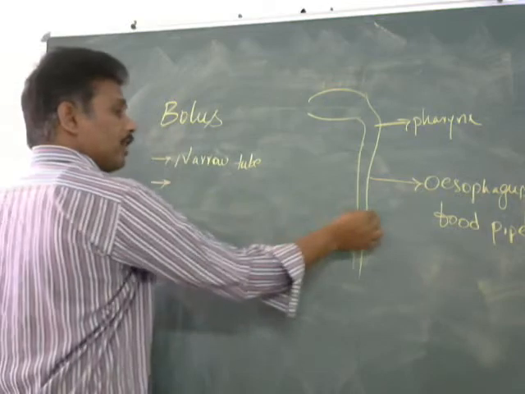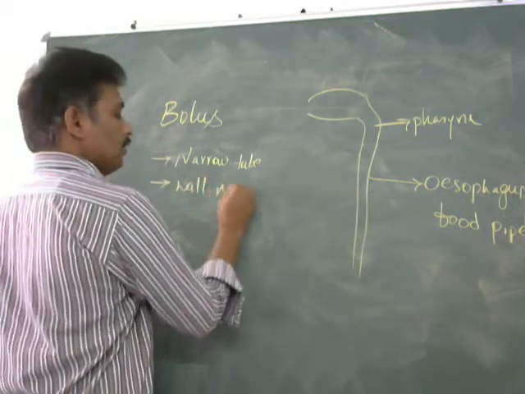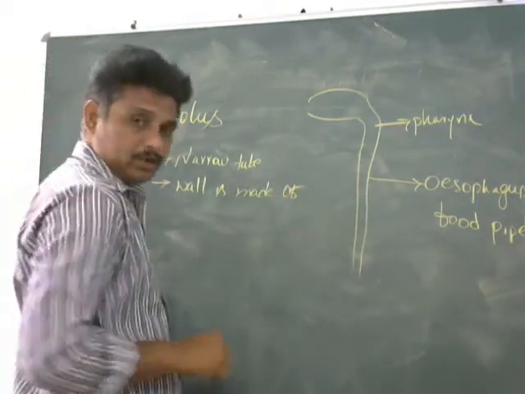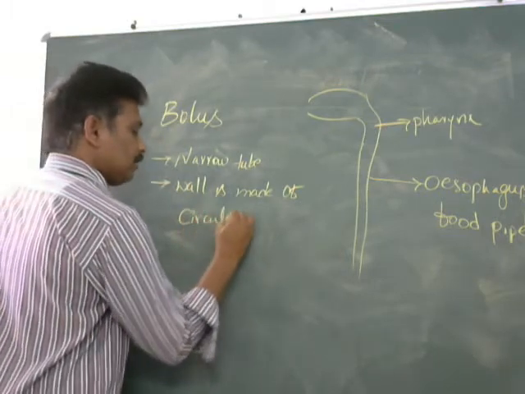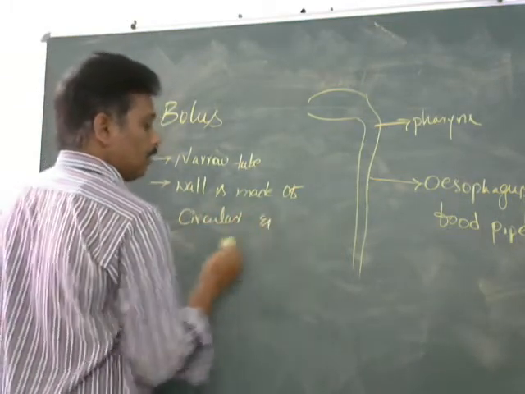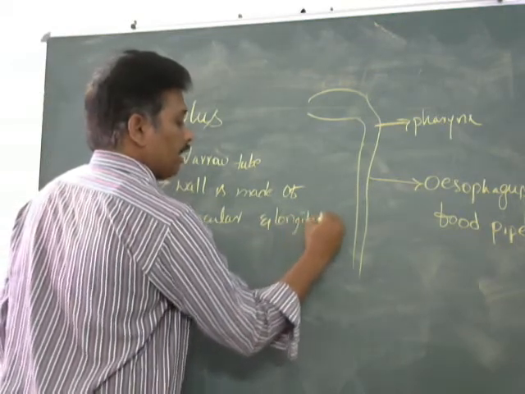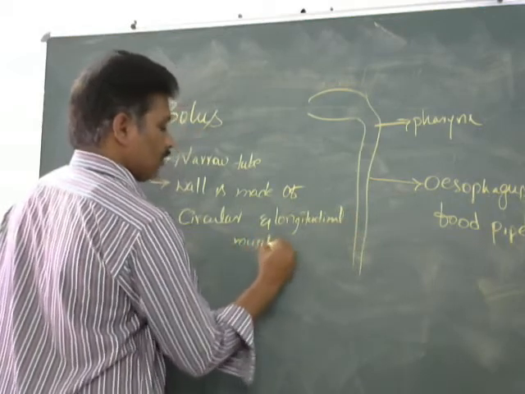The wall of the esophagus is made of circular and longitudinal muscles.